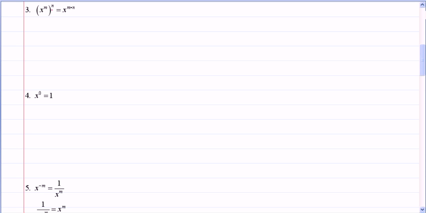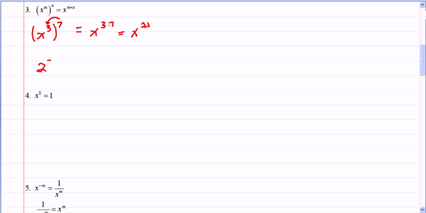If you have a power raised to another power, the rule is to multiply. So if you had x to the third to the 7th, this power would get multiplied by the exponent inside, so it would be x to the 3 times 7, which is x to the 21st.